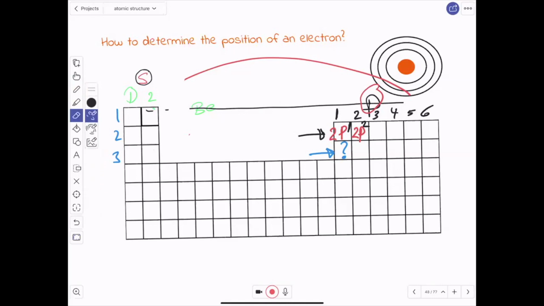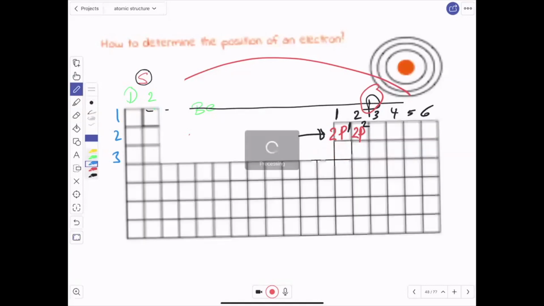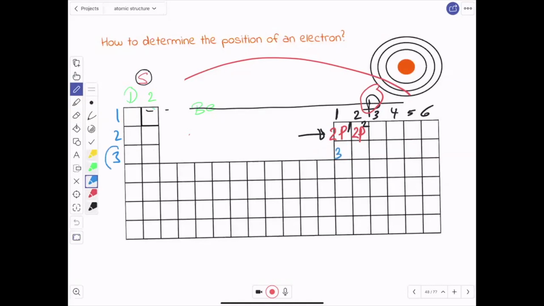So first thing, you write the period number. What period am I in here? It's gonna be 3, that's the 3 here, okay? And then you write the block, which is P, and then you write the group number.